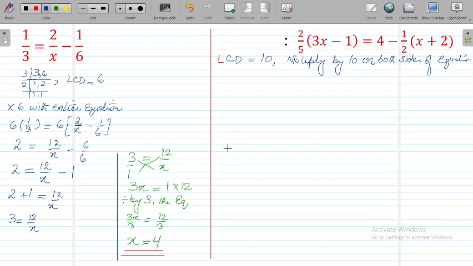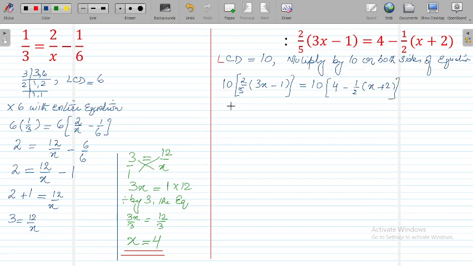So the expression will become 10 times 2 by 5 into (3x minus 1), close the bracket, is equal to again 10, and you open the bracket, 4 minus 1 by 2 into (x plus 2).